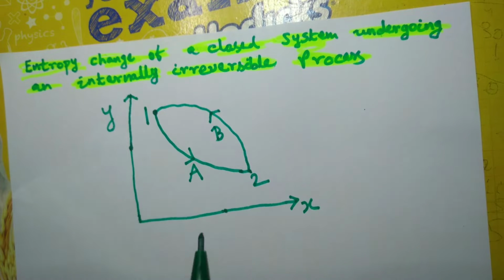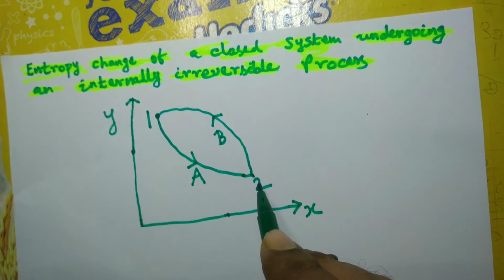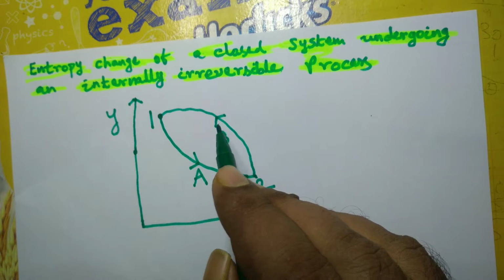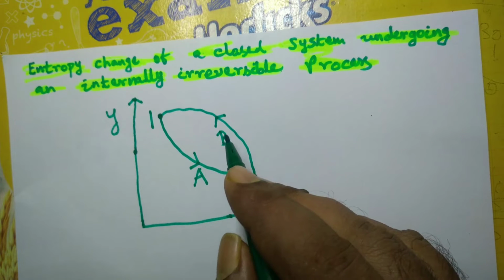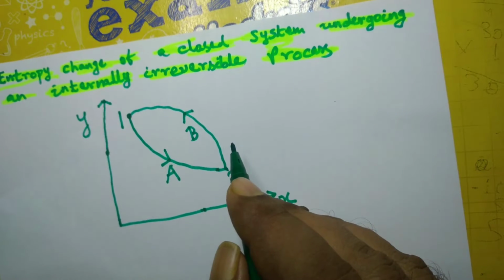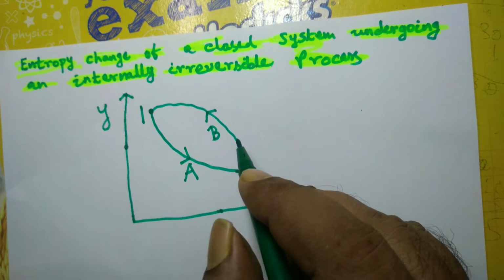This closed system first undergoes a process 1A2, which is followed by another internally reversible process. Always on any property diagram, solid lines represent reversible processes and the dotted line represents an irreversible process.